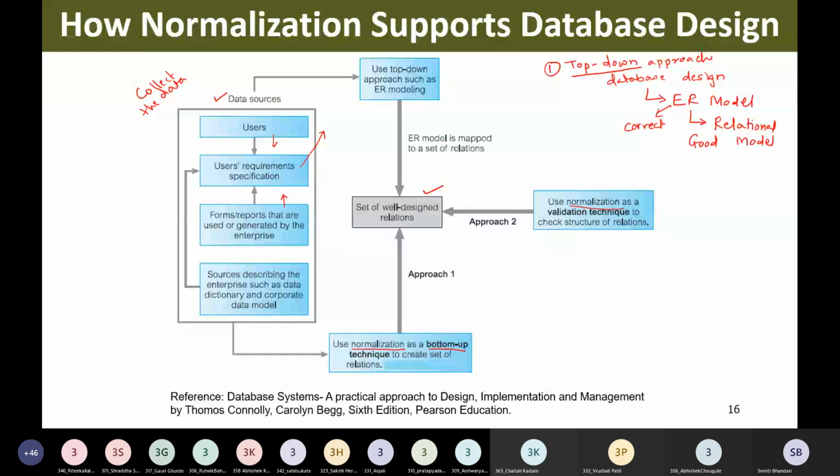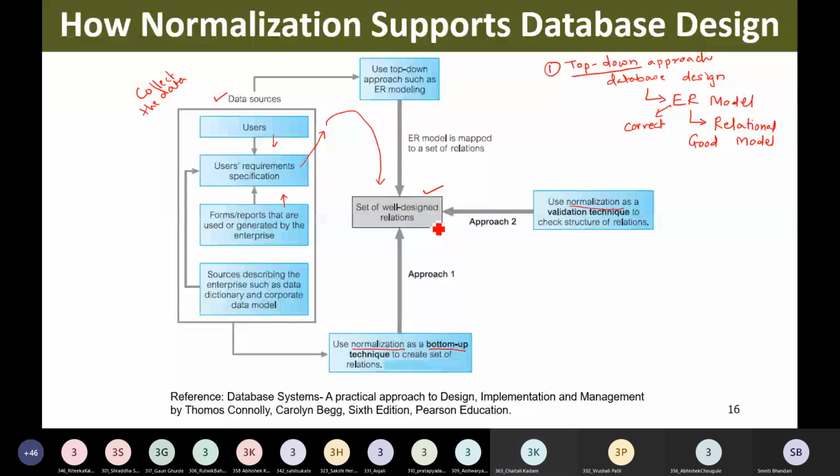So the ER model is mapped to a set of relations. That is the process that we have followed so far. By applying these steps, we now have well-designed relations with us. Do you agree with me?